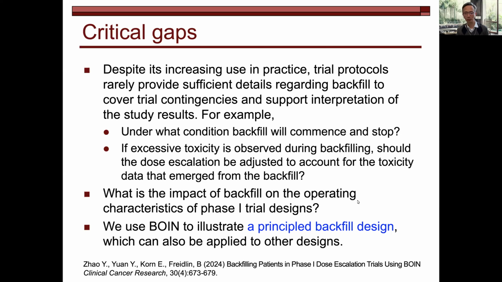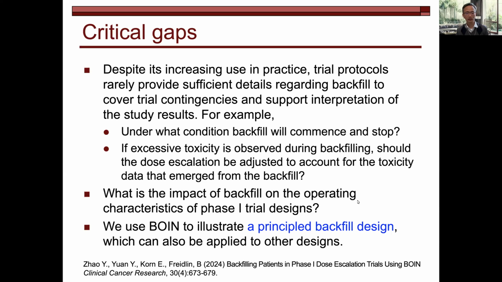They just say, we're going to backfill patients to a safe dose. But the question is, a dose that is safe based on 3 patients may turn out to be toxic with 6 patients later on. So in this case, how do you handle it? And the other issue is, when you do backfill, what's the impact on the operating characteristics?